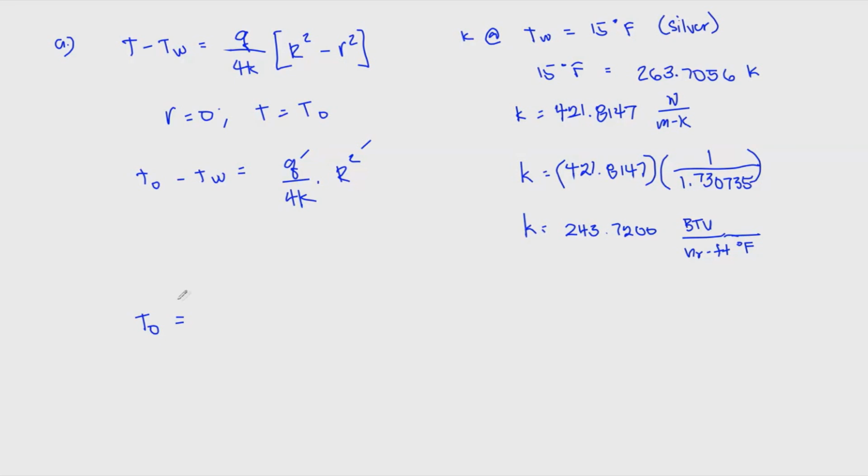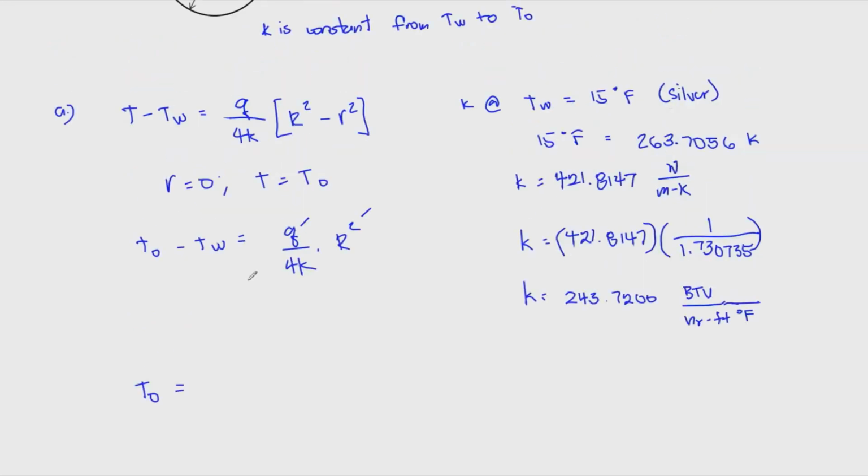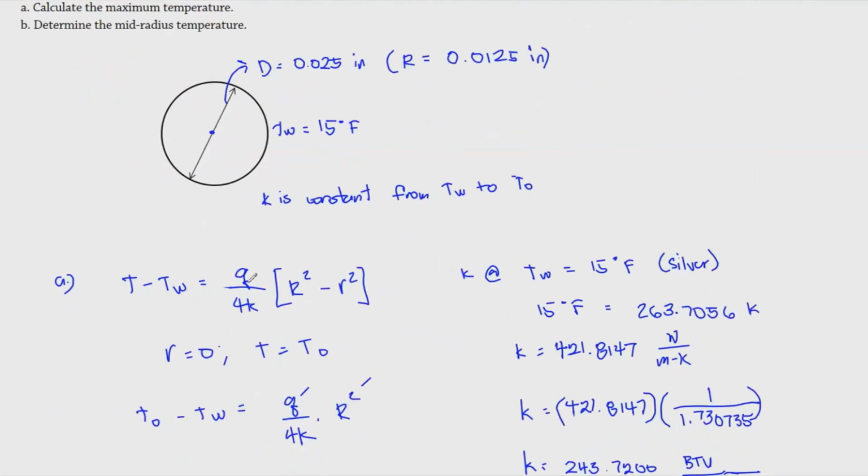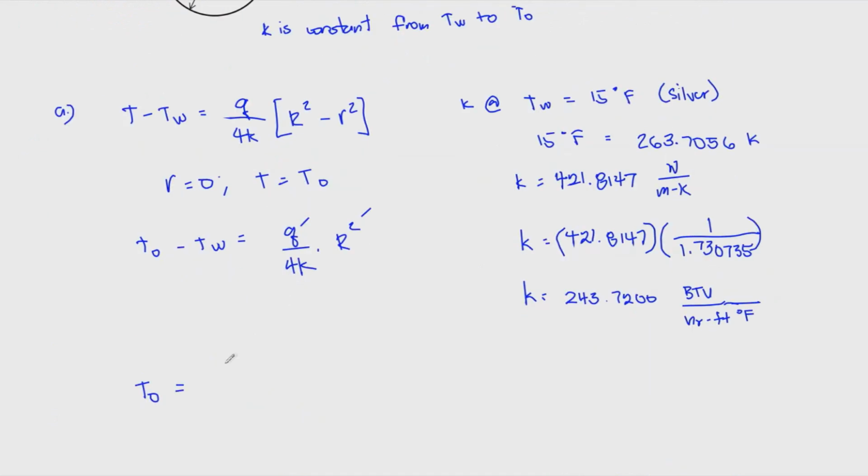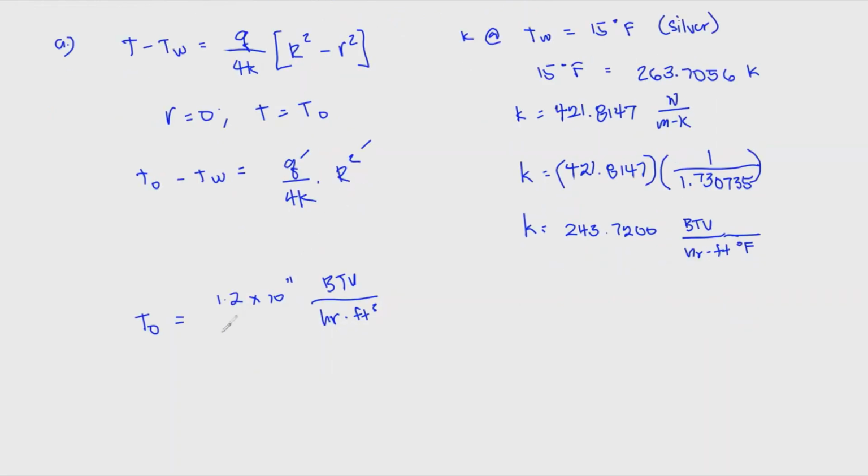So T0 is equal to Q. Our Q here is 1.2 times 10 to the 11th power British thermal unit per hour per cubic feet, divided by 4 times the thermal conductivity, that is 243.7200 British thermal unit per hour feet degrees Fahrenheit.